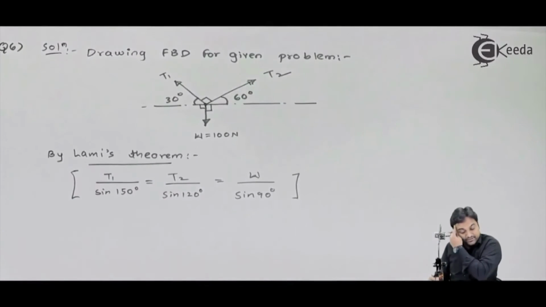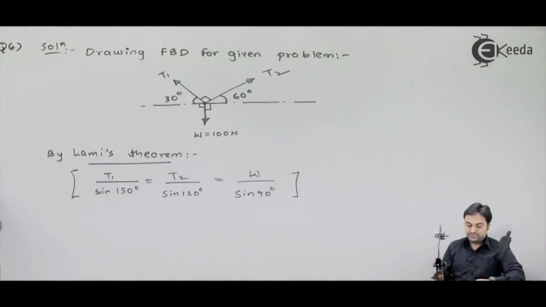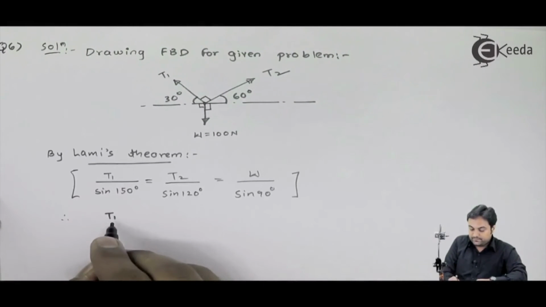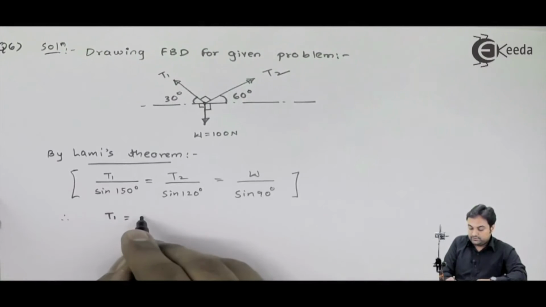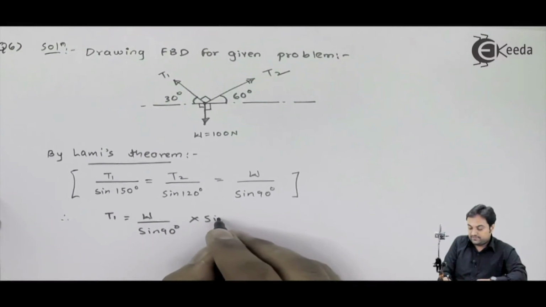After writing the Lamy's theorem, now since T1 and T2 are my questions, I'll say that therefore T1 will be equal to W upon sine 90, I will send sine 150 on the other side.